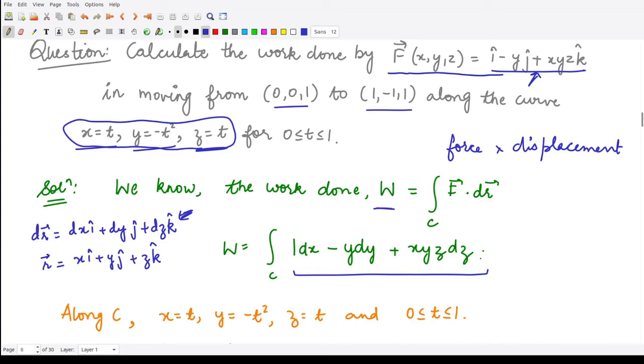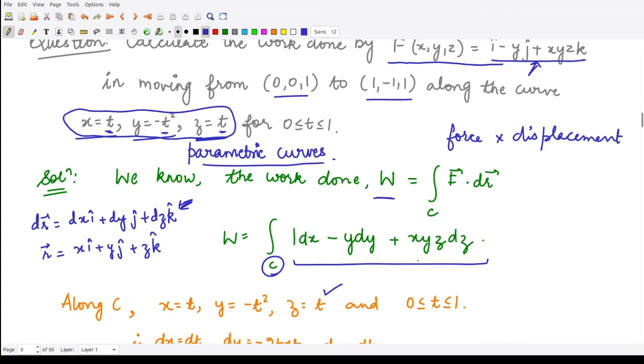Now we want to calculate this integration over the curve C, so we substitute the values of x, y and z in terms of the variable t. These are called parametric curves, where all the given variables are defined in terms of some other parameter, here the parameter t. Along this parametric curve we calculate the work done from this point to this point.